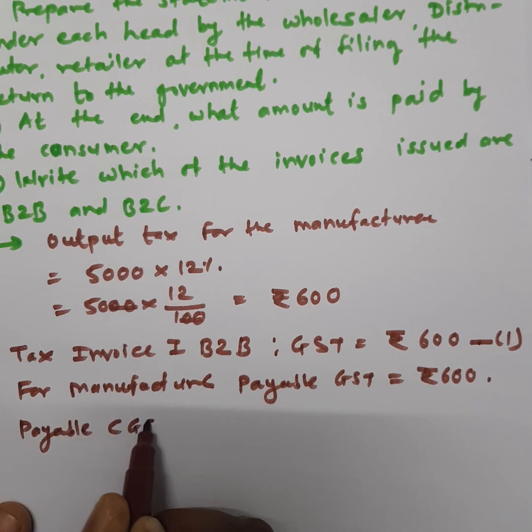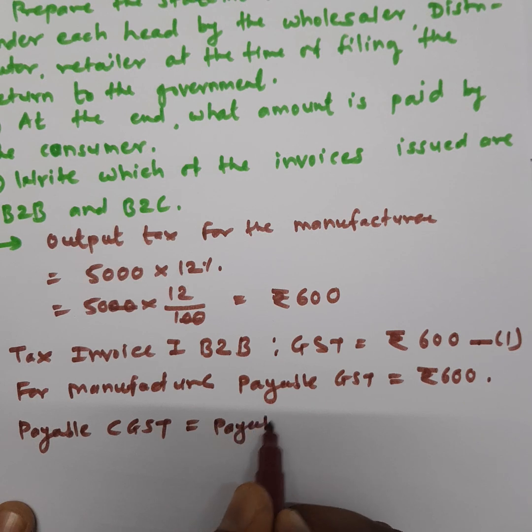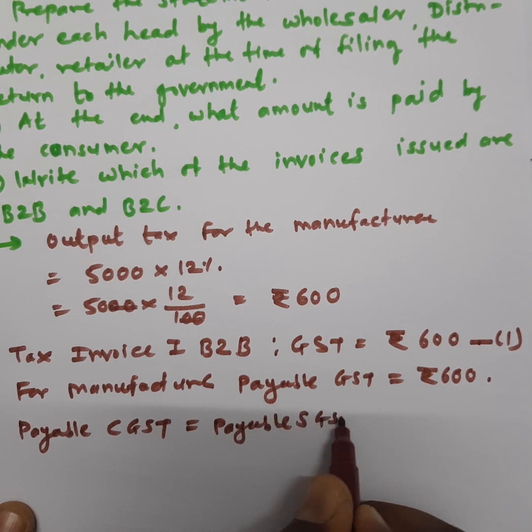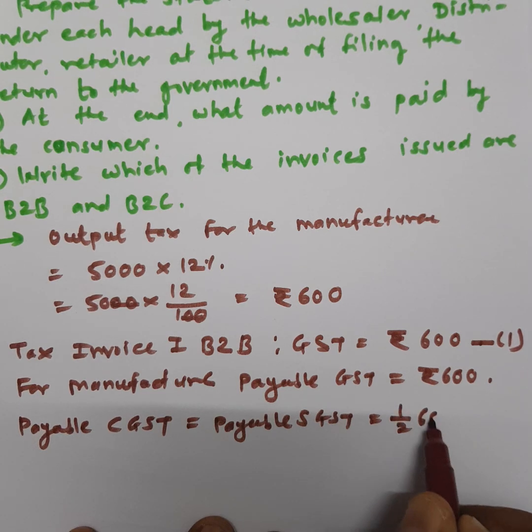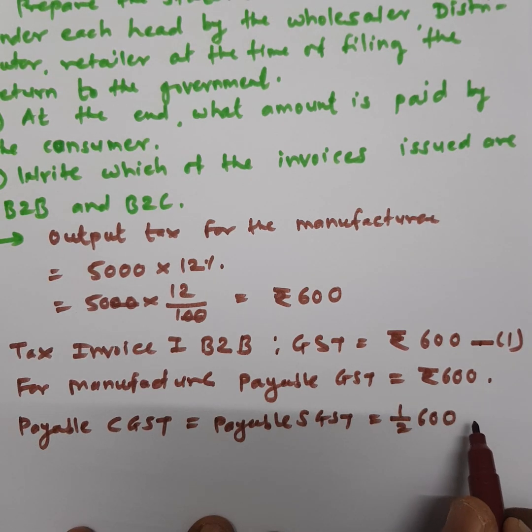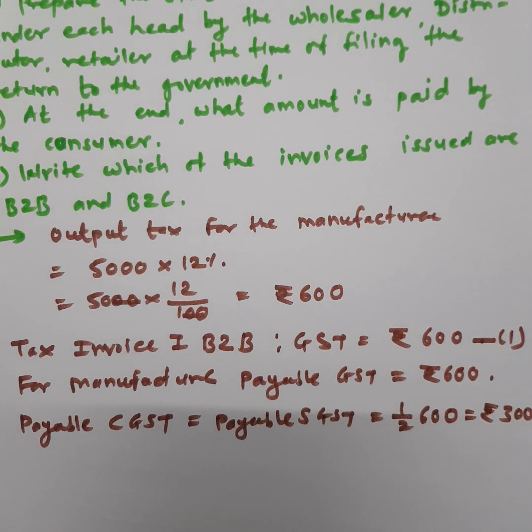Payable CGST or payable SGST is equal to 1/2 into 600, that is rupees 300.